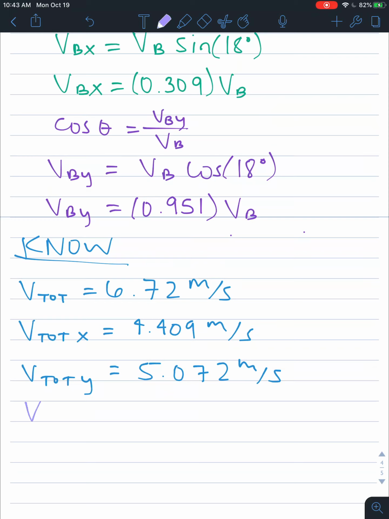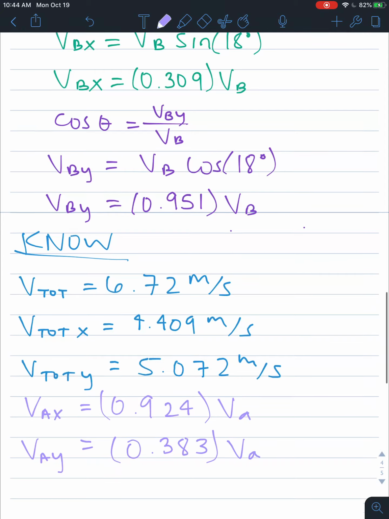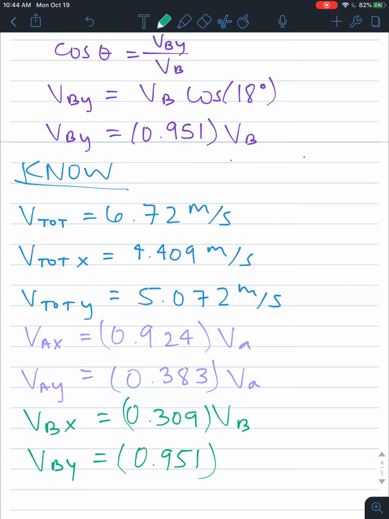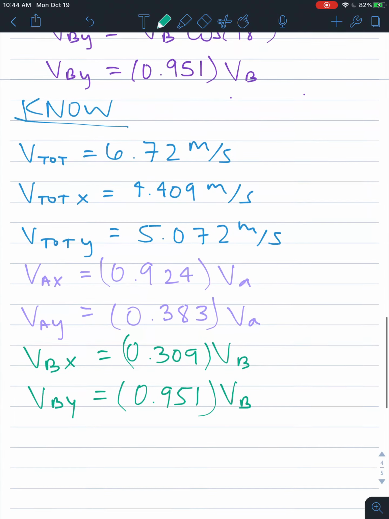We also know that VAX equals 0.924 VA, and VAY equals 0.383 VA, and VBX, which we just found, was 0.309 VB, and VBY equals 0.951 VB. All right.